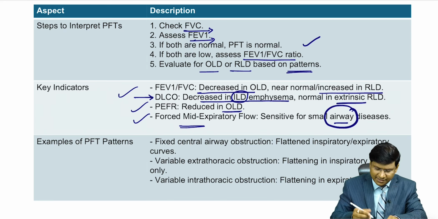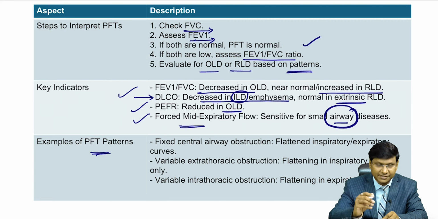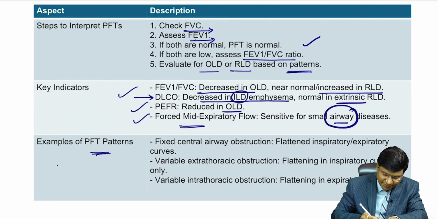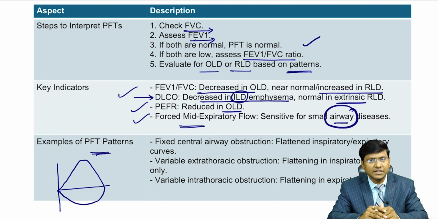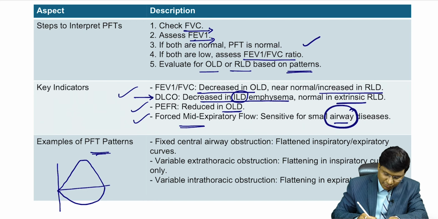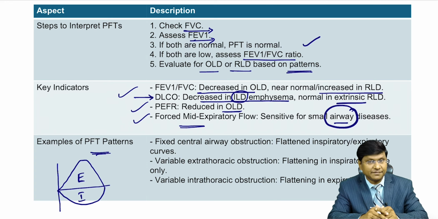Now, if you take the pulmonary function test pattern, how will the normal pulmonary function look? This is the loop above the x-axis, and this is the loop below the x-axis. This will be the inspiratory component, and this will be the expiratory component in the pulmonary function test.